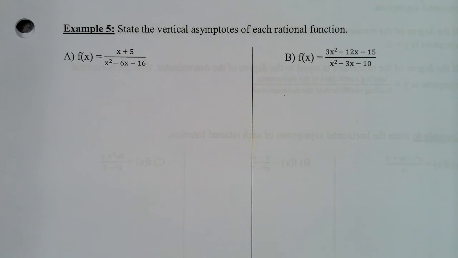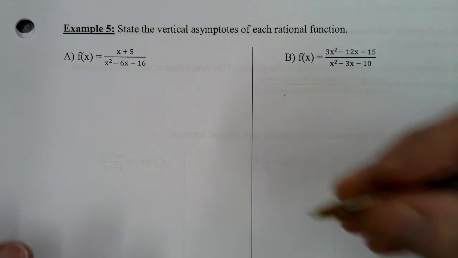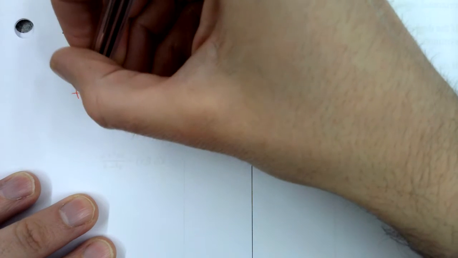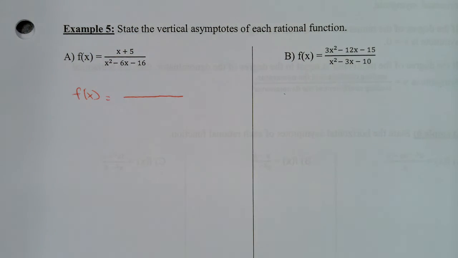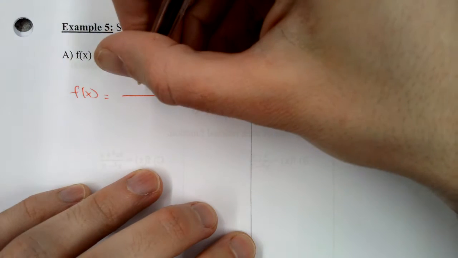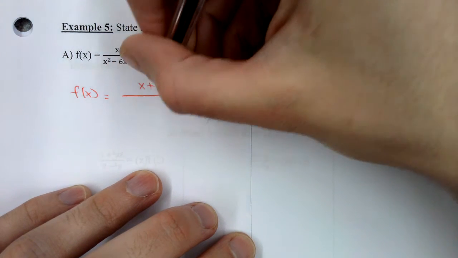So step 1 above said factor if necessary, eliminate the common factors. Okay, so the numerator is fine. We have to factor the denominator, find two numbers that multiply to negative 16 and add to negative 6.